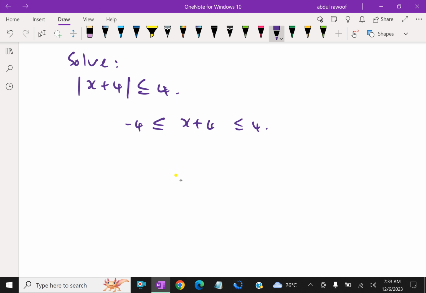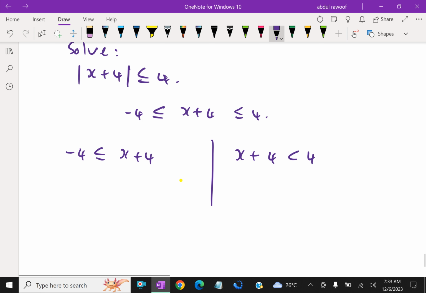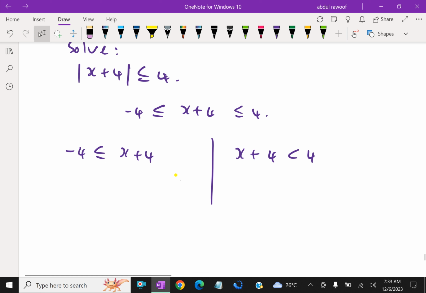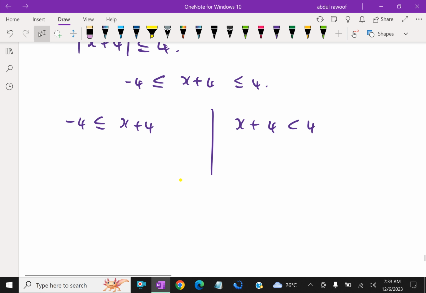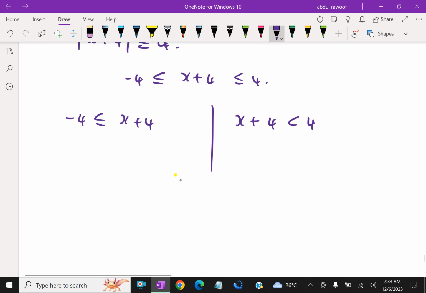That means we have to split both ways here. Minus 4 is less than or equal to x plus 4, and x plus 4 is less than or equal to 4. How to do this one?